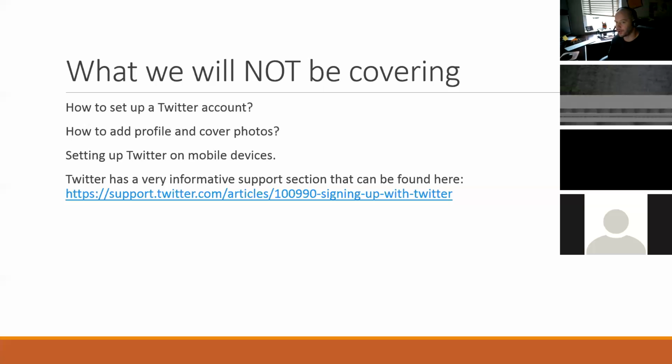But setting up a Twitter account is literally as easy as entering an email and selecting a password, just like we do with all kinds of other accounts that we have set up as we go about our day-to-day on the internet. So you should have no trouble doing that, and the hardest part you'll probably have to deal with is selecting what your username or your handle is going to be. And if you do get stuck, then you can let me know and I'll do my best to help you out.